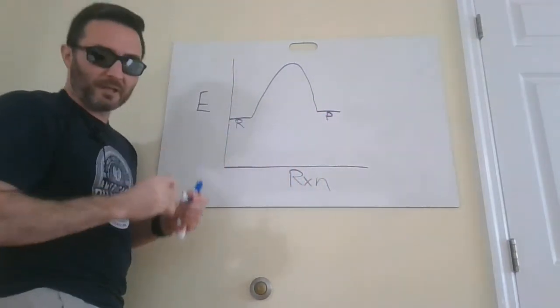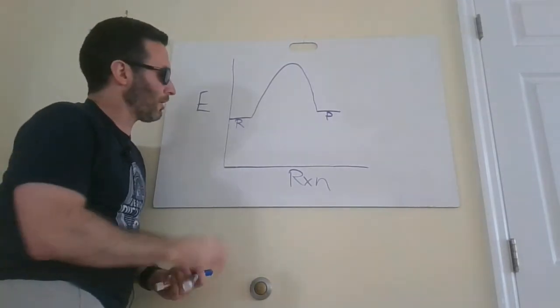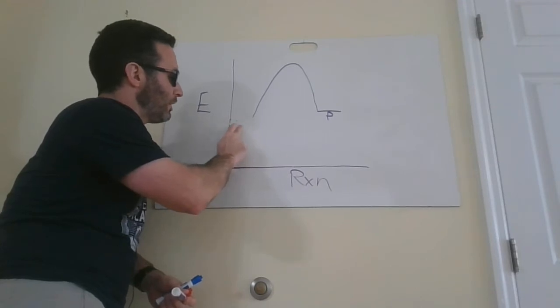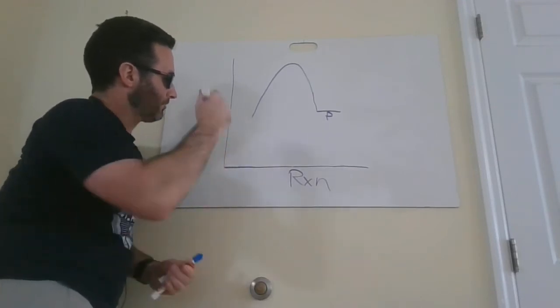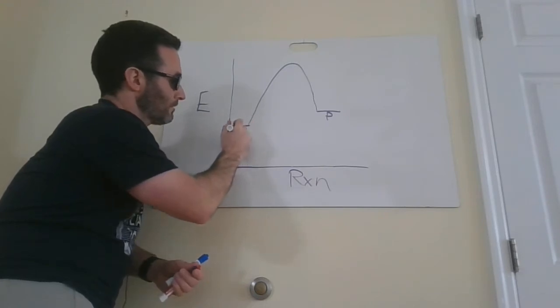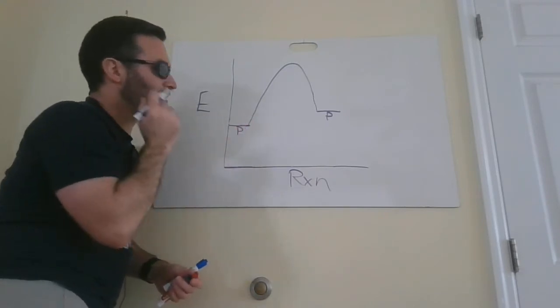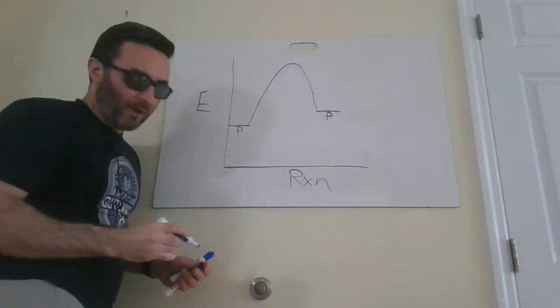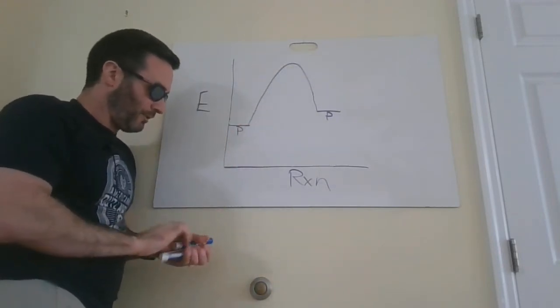So if you look at this, my 2 curves, my reactants and products, and let me move this down just a little bit. Maybe right here. So first of all, the total energy difference between the two is not as crazy as my last drawing.